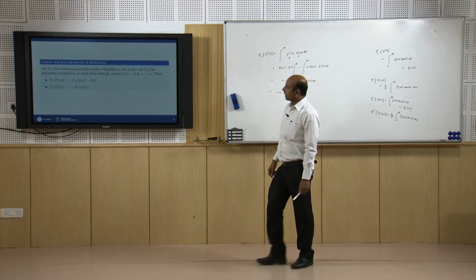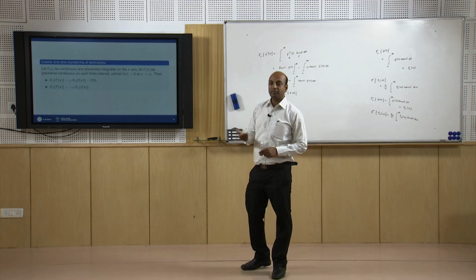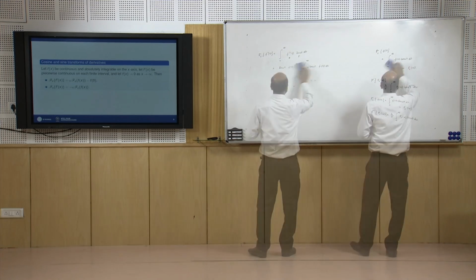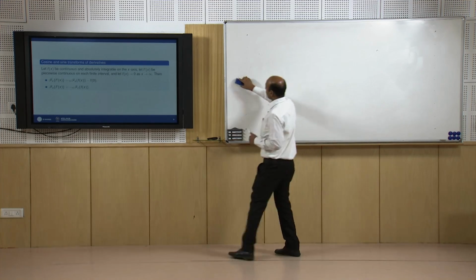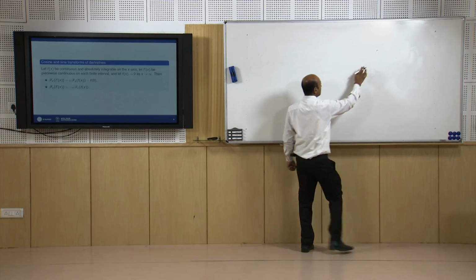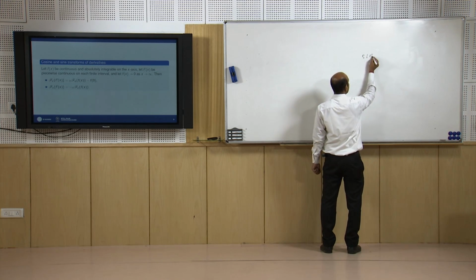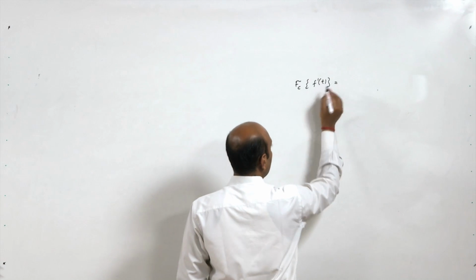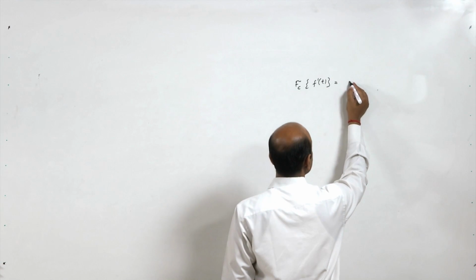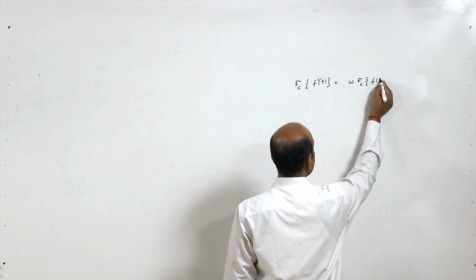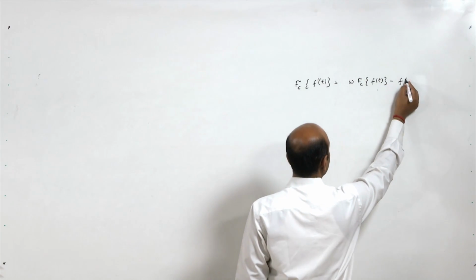Now, suppose you want to find out Fourier cosine transform of second derivatives. That also we can find out using the same result. What is Fourier cosine transform of f dash x? Fourier cosine transform of f dash t, this we have derived, it is omega times Fourier sine transform of f x minus f 0.